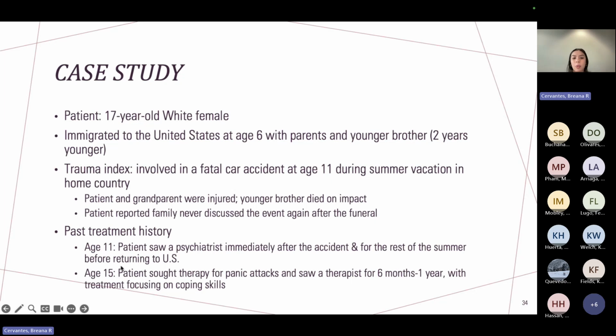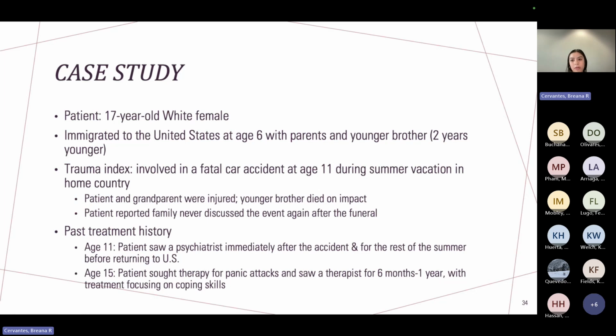As far as her treatment history, did she ever see a therapist? She did, immediately in the home country after being released from the hospital. She had to spend the rest of the summer there while they were planning the funeral. She started seeing a psychiatrist and talked to them for a couple of months, but then had to go back to the US. She never saw someone until 4 years later, when she sought therapy because she was having panic attacks.